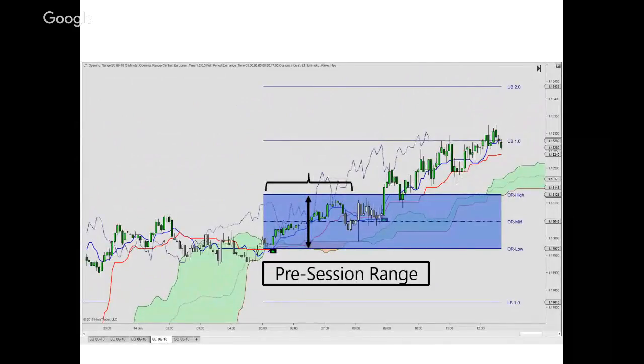This is a 5-minute chart of the 6E contract, the Euro futures contract. And the blue area here is the 3-hour time period high and low levels. So 5 o'clock local time here, 8 o'clock local time here.